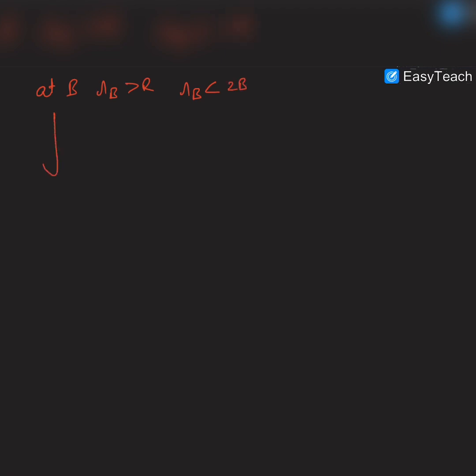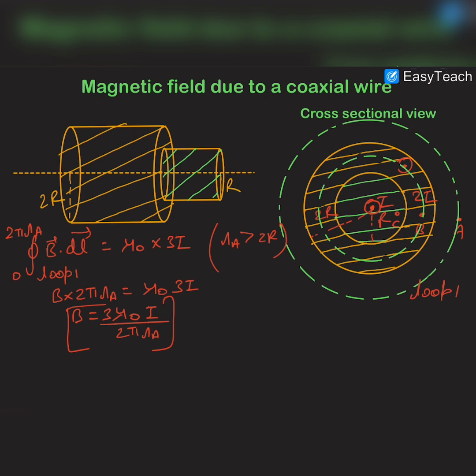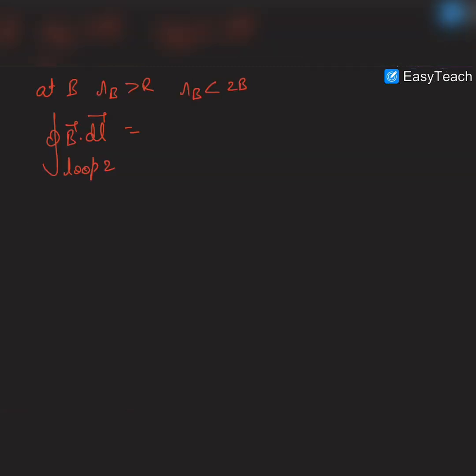So the integration of B dot dl for loop 2, this inner loop, will be equal to mu naught I inside.